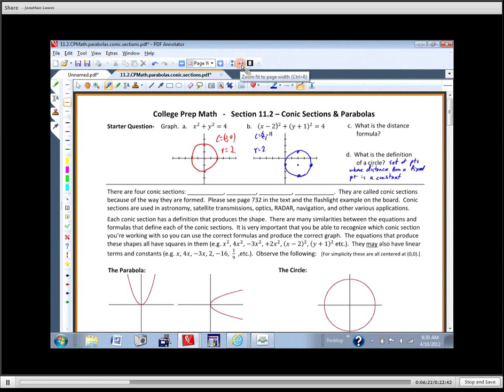Okay, and what was the distance formula? Can anybody tell me what the distance formula is? Big square root of? You could use that. x2 minus x1 quantity squared, and then y2 minus y1 quantity squared. Okay.